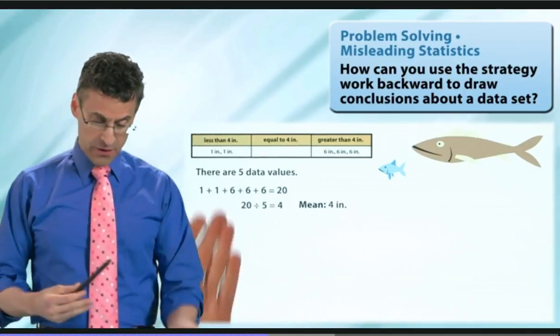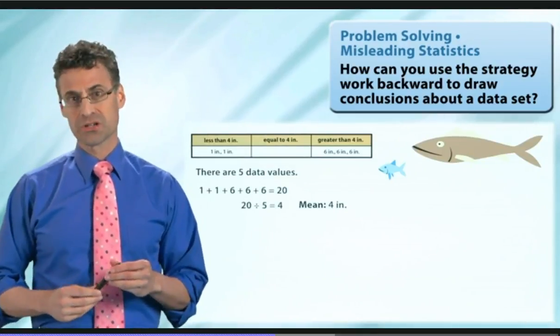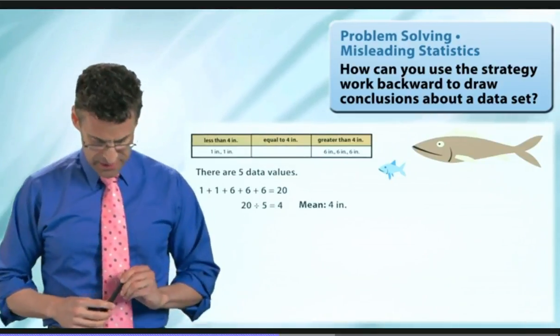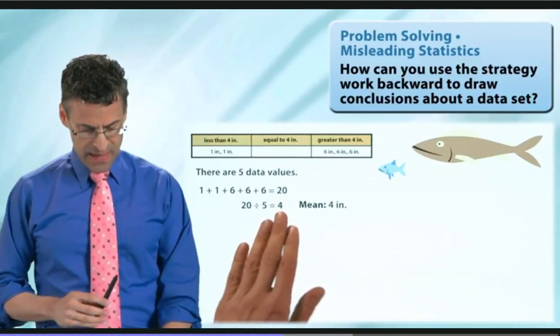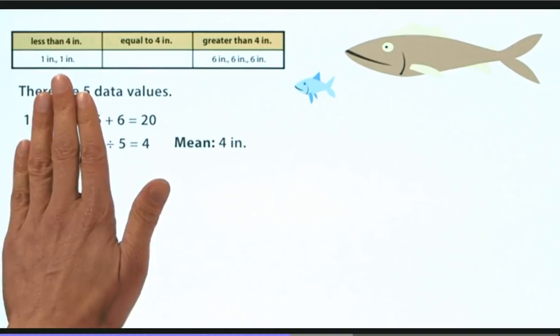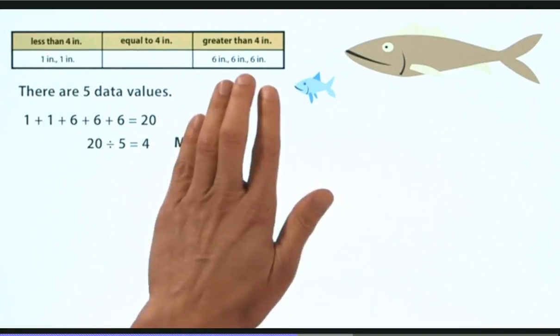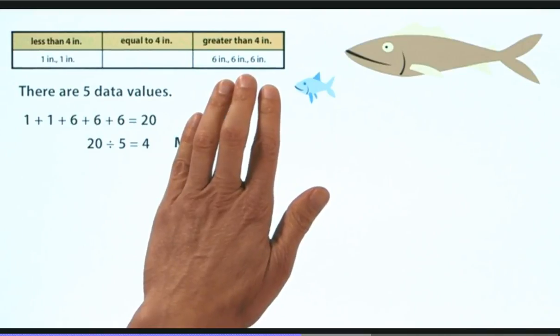Well, I think that all the math is correct, but the conclusion, not so much. Because if you look carefully, Mark's fish kind of fall into 2 categories: the fish that are small, namely 1 inch each, and then the fish that grow up to be quite large, 6 inches each.